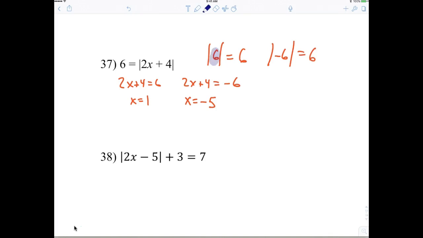What is inside the absolute value can be 6, or what's inside the absolute value can be what? Do you understand that now? It's not that it's equal to a negative. It's that when I take the absolute value of it, it's going to be a positive. That's the important thing.